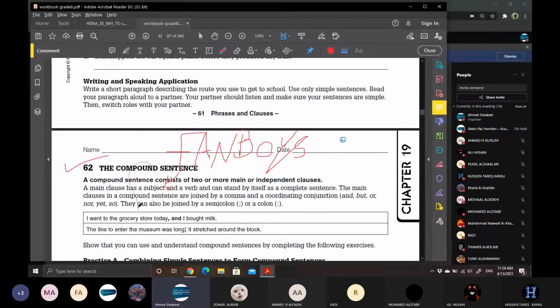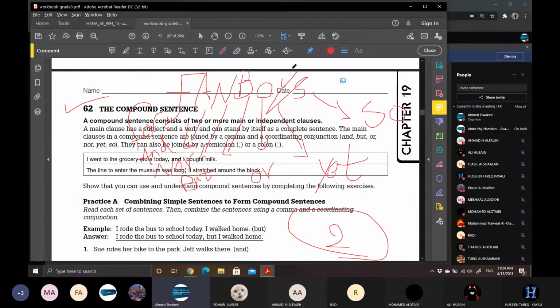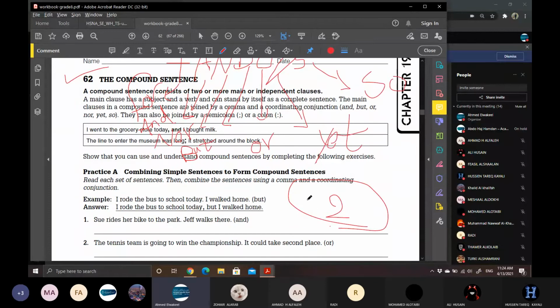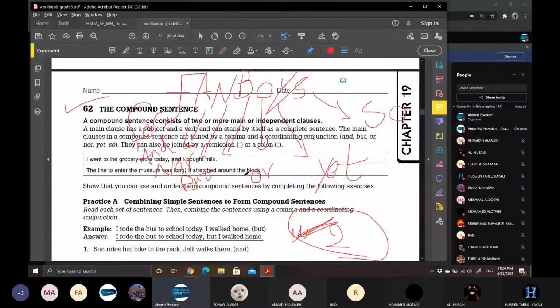F for, A for and, N for nor, B for but, O for or, Y for yet, and S for so. So these are the coordinating conjunctions. Once you have 2 independent clauses connected by one of these conjunctions, then it's a compound sentence.